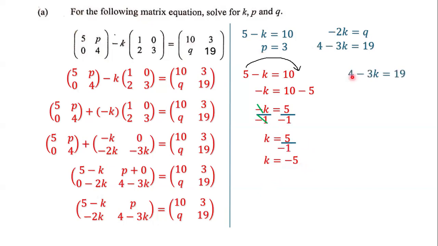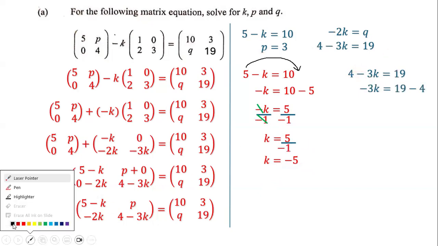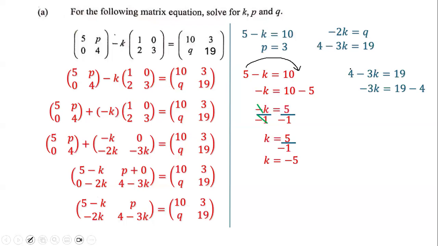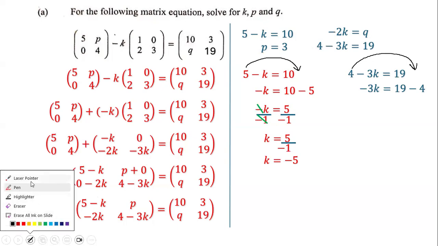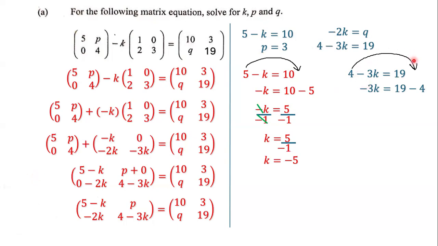Next, we have 4 minus 3k is equal to 19. We take the 4 and we send it over the equal sign. So we have 4 sent over, so it's going to be negative 3k is equal to 19 minus 4. Again, negative 3k is equal to 19 minus 4, and 19 minus 4 is definitely 15.